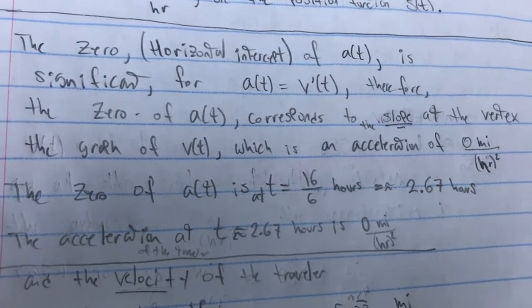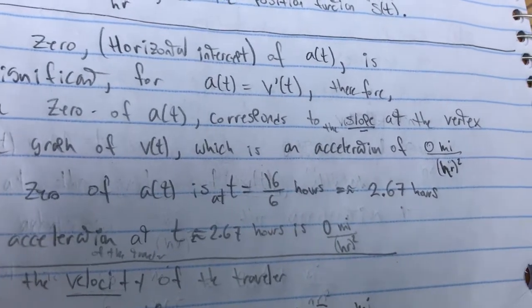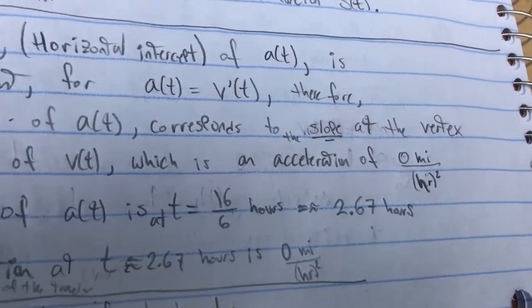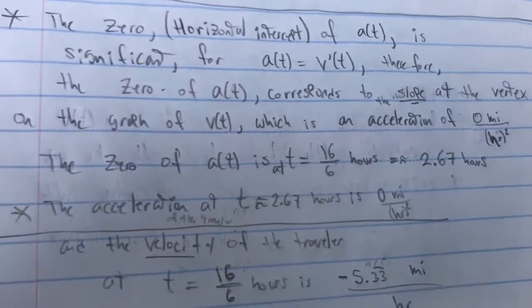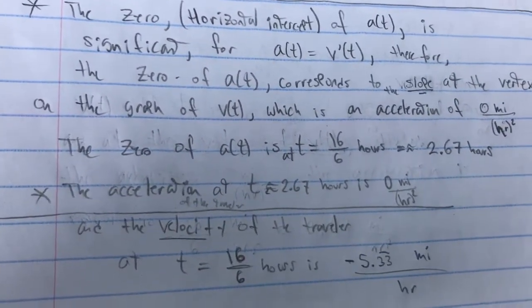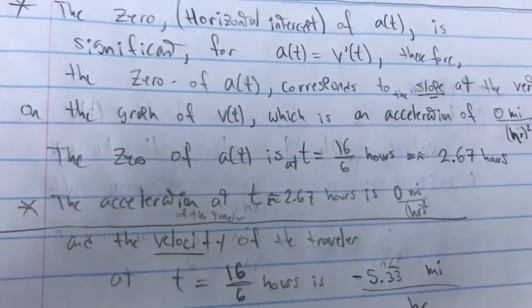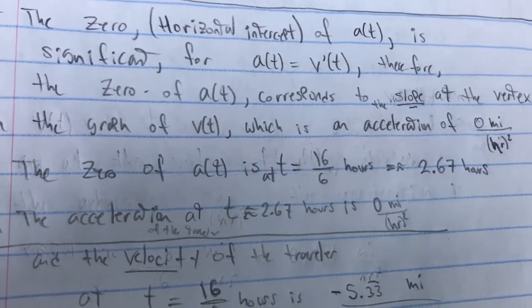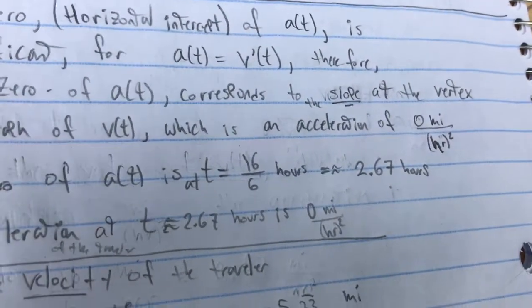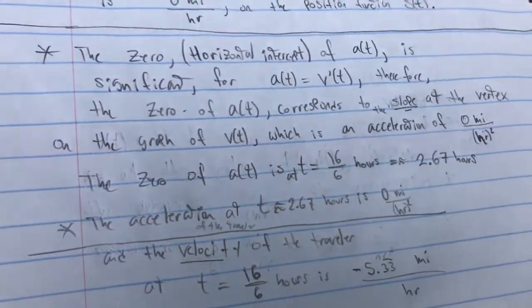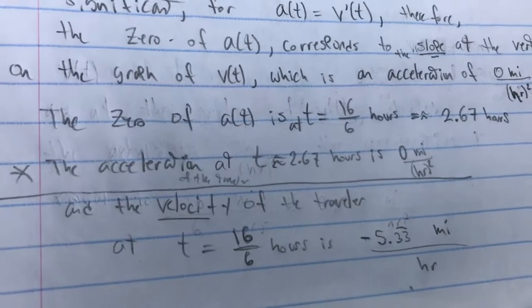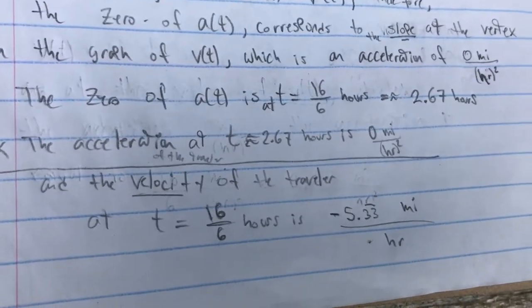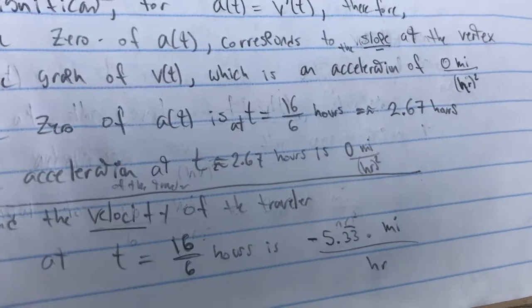The zero of a of t is at t equals 16 over 6 hours, which is about 2.67 hours. And the acceleration of the traveler at t equals about 2.67 hours is 0 miles per hour squared. And the velocity of the traveler at t equals 16 over 6 hours is negative 5 1/3 miles per hour.